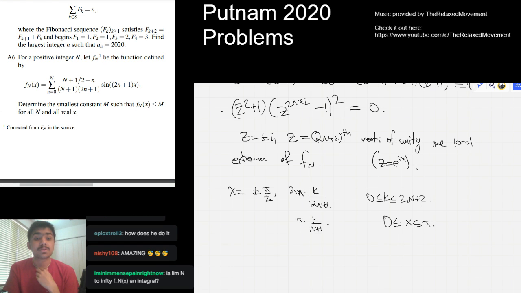So there are these rational points, rational angles along the semicircle, which are the possible extremums. But x equals pi over 2 is really obviously the maximum, the best one, but how do you show that?